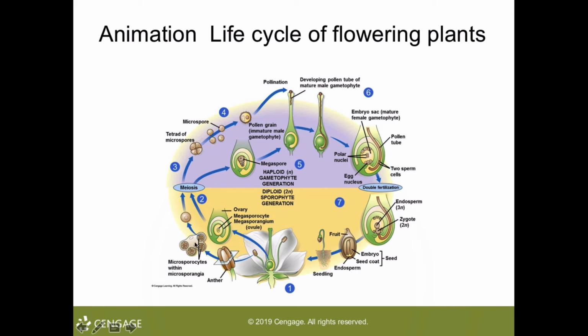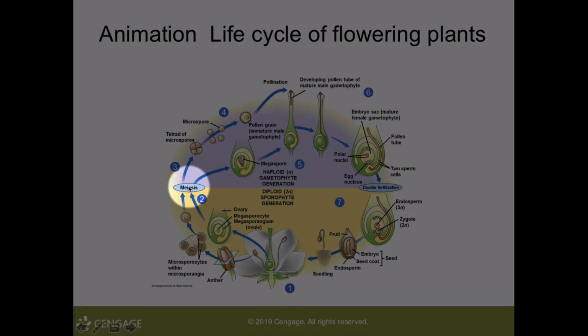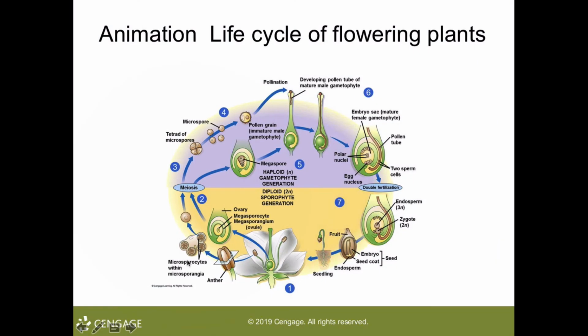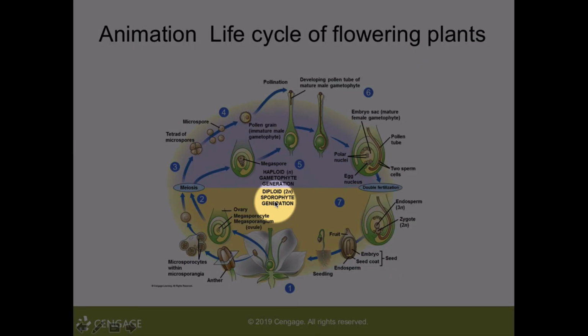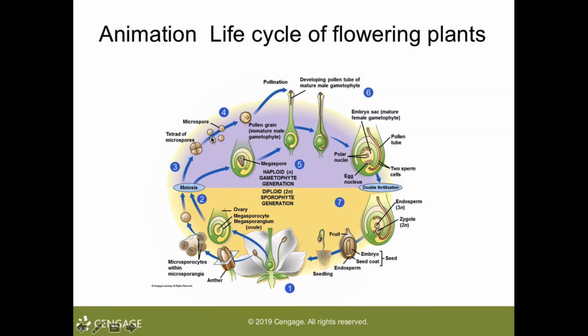We have the microsporocyte, which will eventually develop into the microspore by way of a meiotic division. That means that microsporocytes are diploid cells, and by way of meiosis, they become haploid microspores, and then develop into that immature male gametophyte known as the pollen grain.